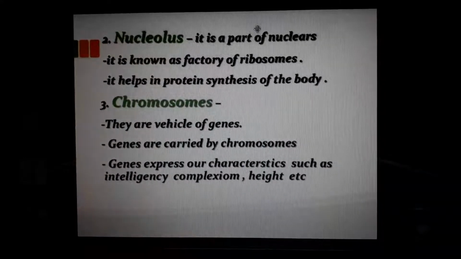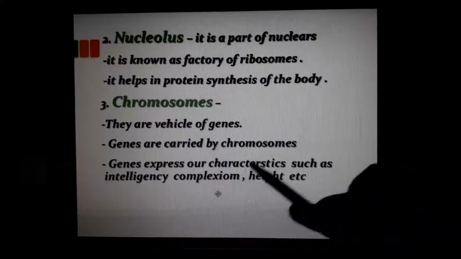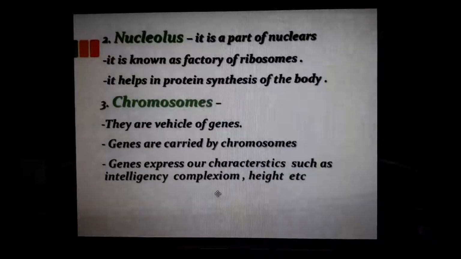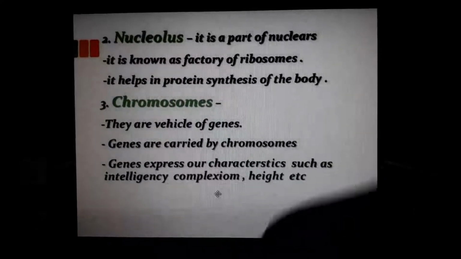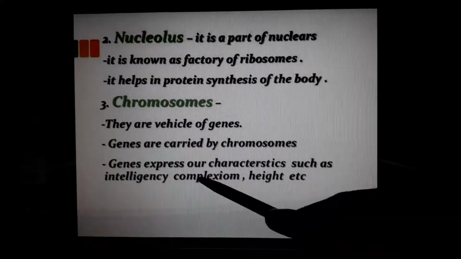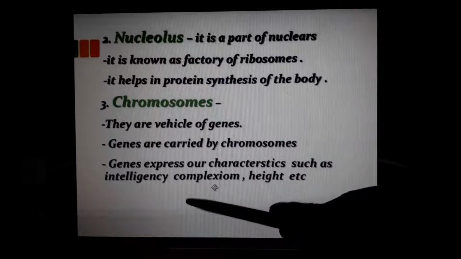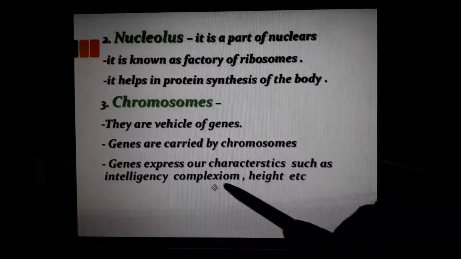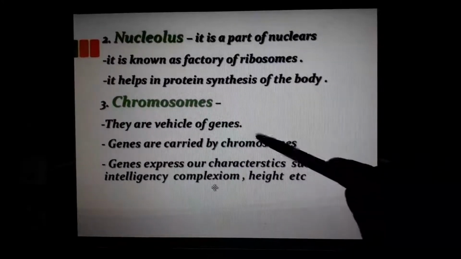Genes means all the abilities, properties and specialities we have, we pass to the next generation. So chromosomes are carriers of the genes. Genes express our characteristics such as intelligence, complexion, height, etc. If our parents are intelligent, the children will also be intelligent. Complexion means the color of the skin. If the parents are white, the child will also be white. If they are brown, the child will also be brown. So these properties are carried through genes by chromosomes.